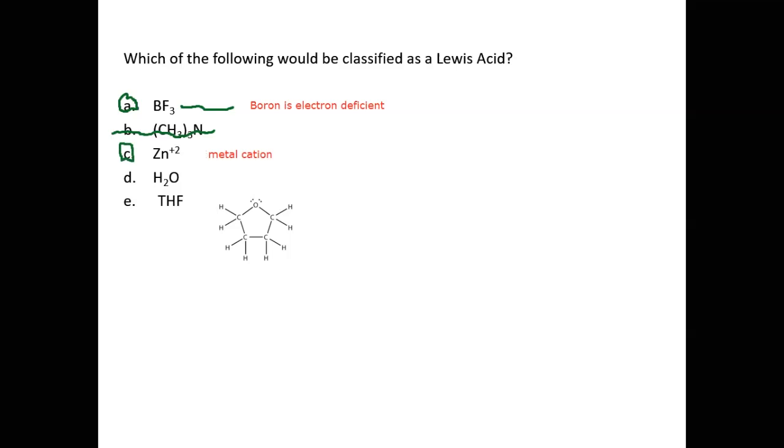Is water a Lewis acid? No, it's a Lewis base because it has accessible electrons to donate. What about THF? Is it a Lewis acid or a Lewis base? And that's correct. It's a Lewis base because it has an accessible electron pair.